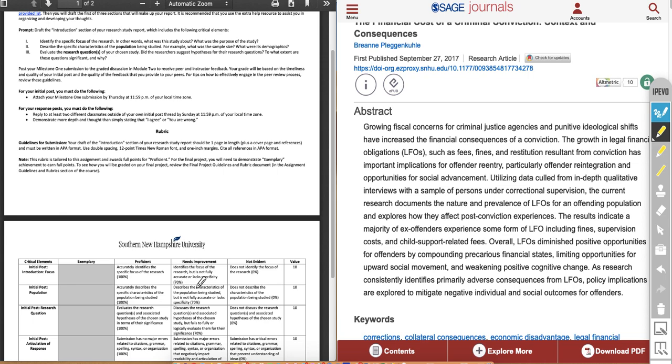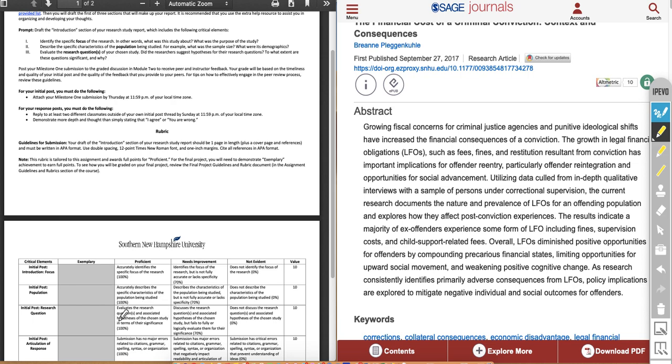So maybe that's something that you want to talk about. Or are they just looking at males or females? So is it really covering the characteristics, describe the specific characteristics, and make sure that it's accurately describing that population that you're looking at.